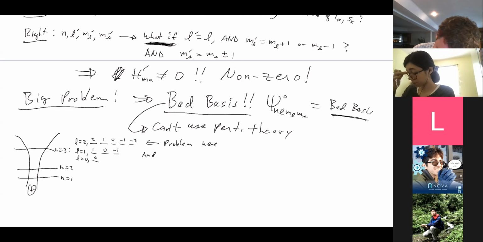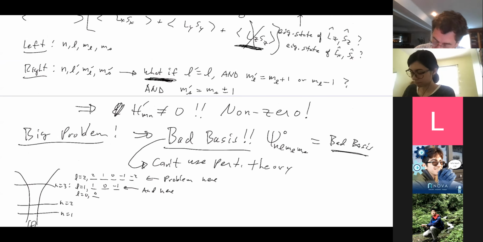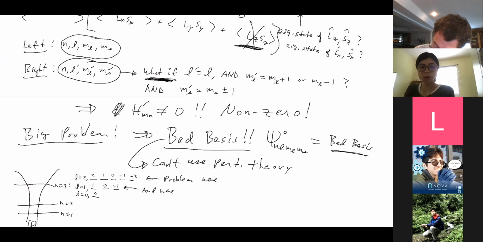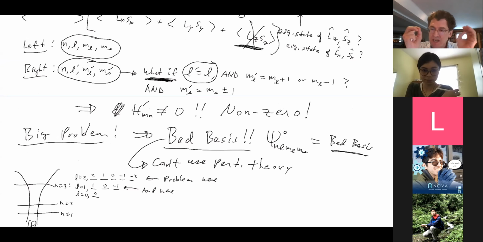And it's here. I want you to see that the problem occurs when the left-hand state is some n, L, M sub L, M sub S state, and this is the right-hand state in my matrix element. But the problem occurs when L prime equals L for the right state and the left state. When the L's are the same, then the raising and lowering operators can start making them connect.